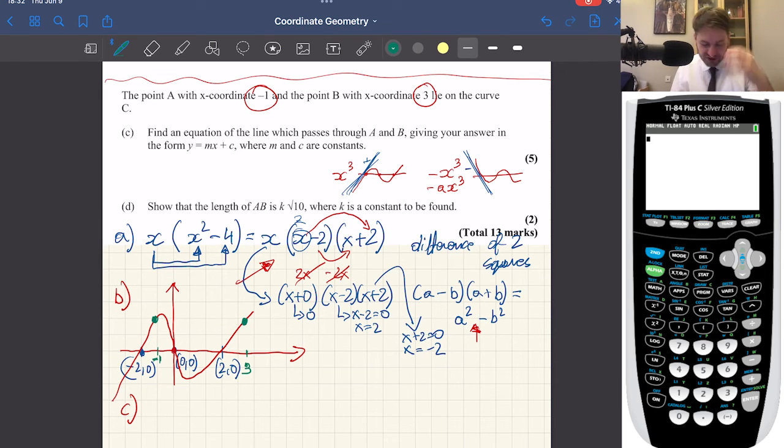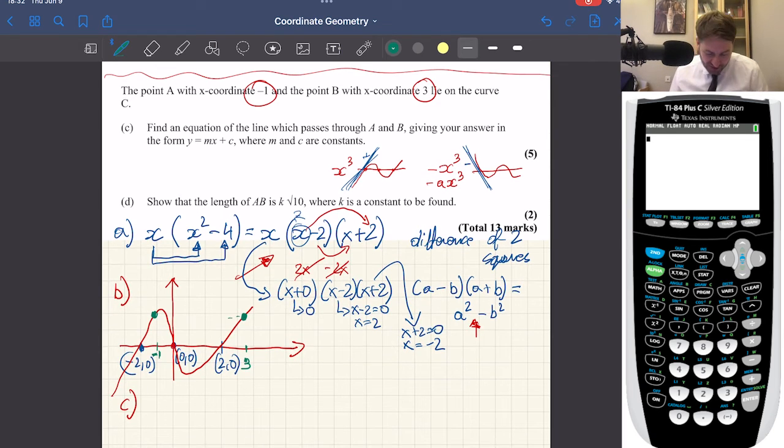I don't know what the values of those y coordinates are, y1 and y2, right? This is my y1, and this is my y2. I don't know what they are.